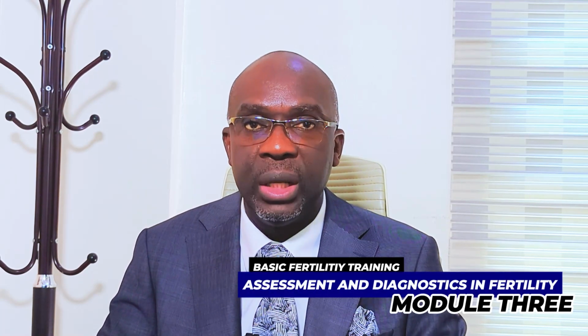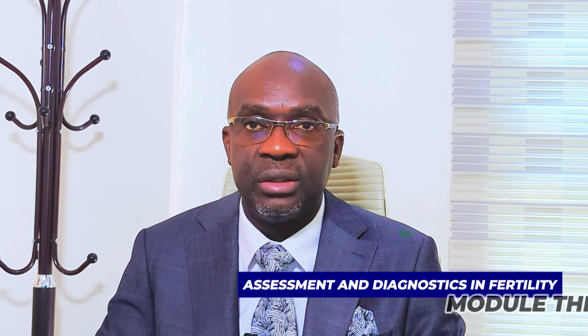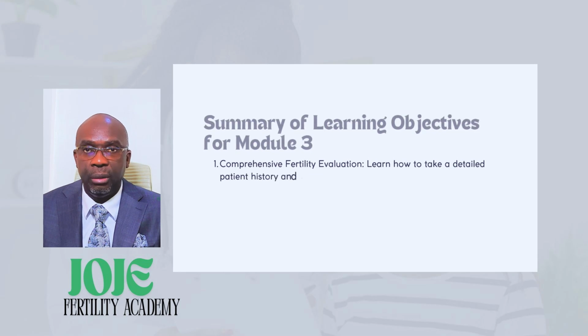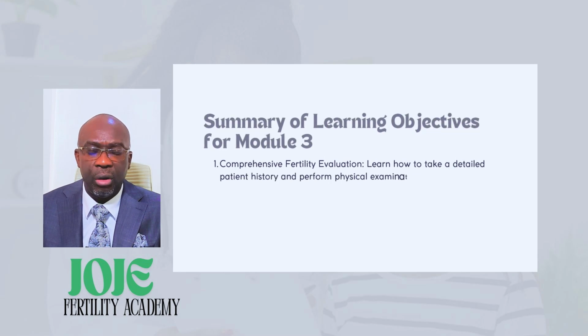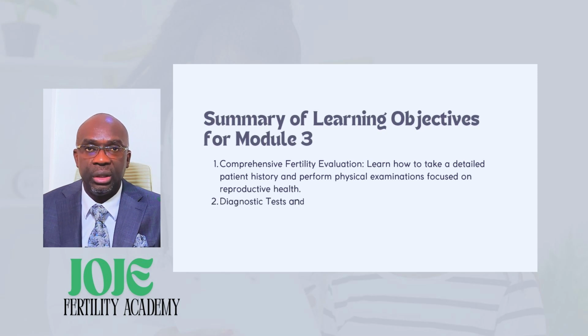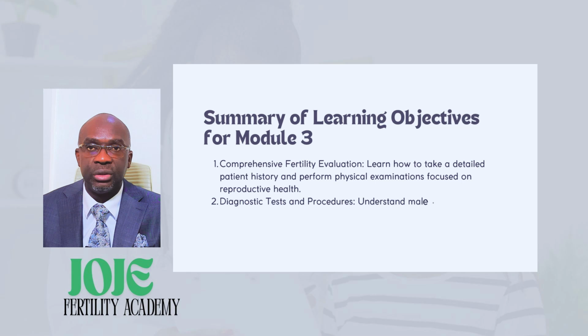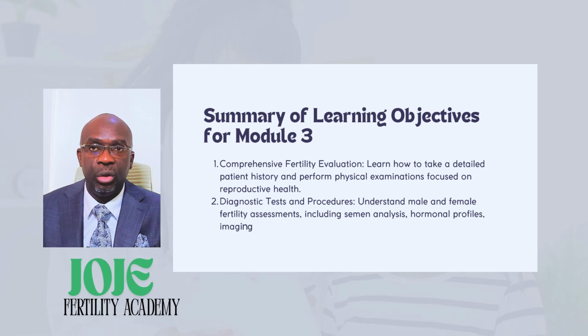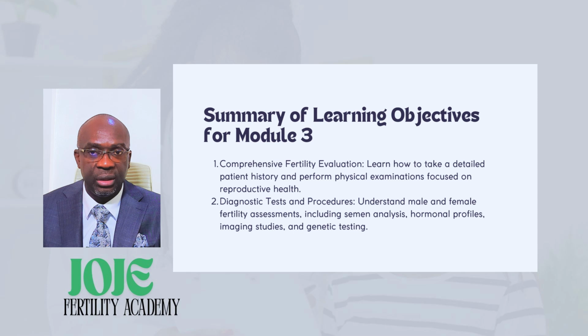It is hoped that by the time we are done with this module, the following learning objectives would have been realized. And 1, under comprehensive fertility evaluation, to learn how to take a detailed patient history and perform physical examination focused on reproductive health. Number 2, diagnostic tests and procedures, understand the male and female fertility assessments, including semen analysis, hormonal profiles, imaging studies, and genetic testing.